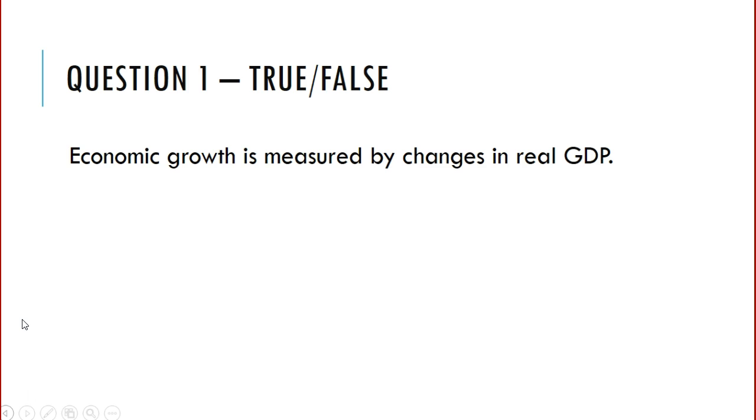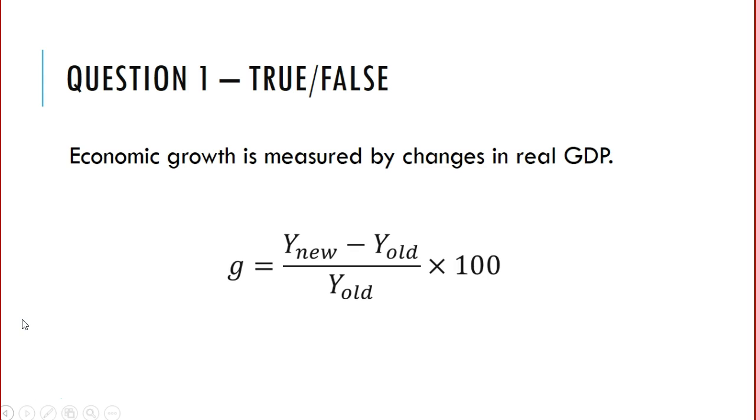Anyway, it's the change in that volume. It's very simple. It's just the new period real GDP minus the old period real GDP over the old, times 100. Very, very simple. This is economic growth.